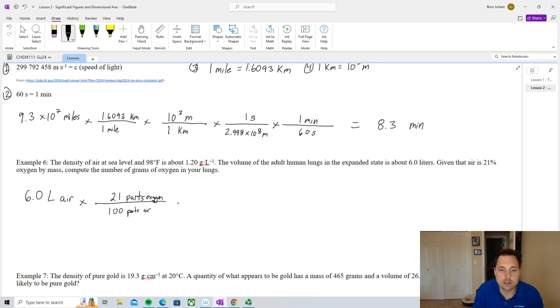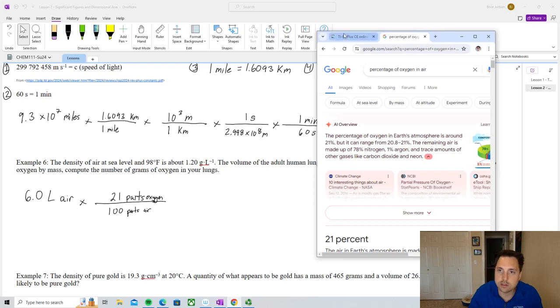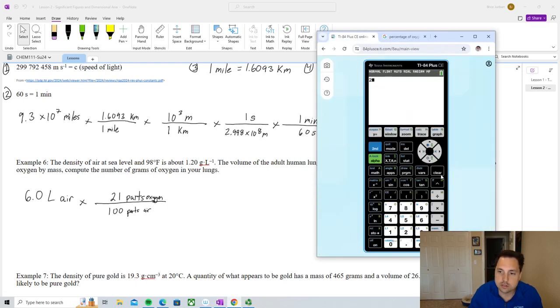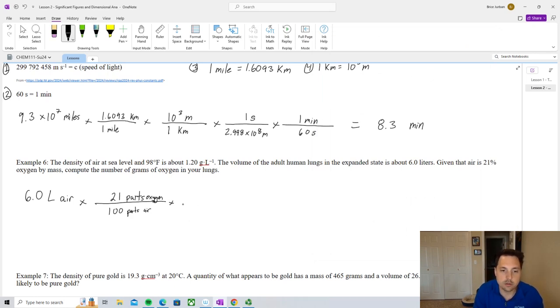Okay, cool. So this is going to convert to how many liters of oxygen can be in our lungs at a time. So, let's clear this out, 6 times 21 divided by 100. That's going to say 1.26 liters of air in our lungs is oxygen. Then the next thing we need to do is convert between the volume, because this will give us liters of oxygen, to the grams of oxygen.